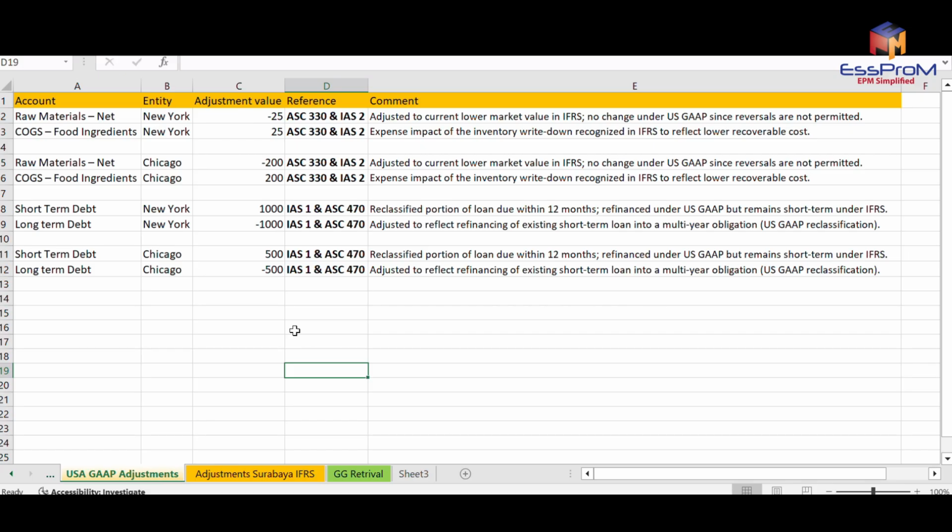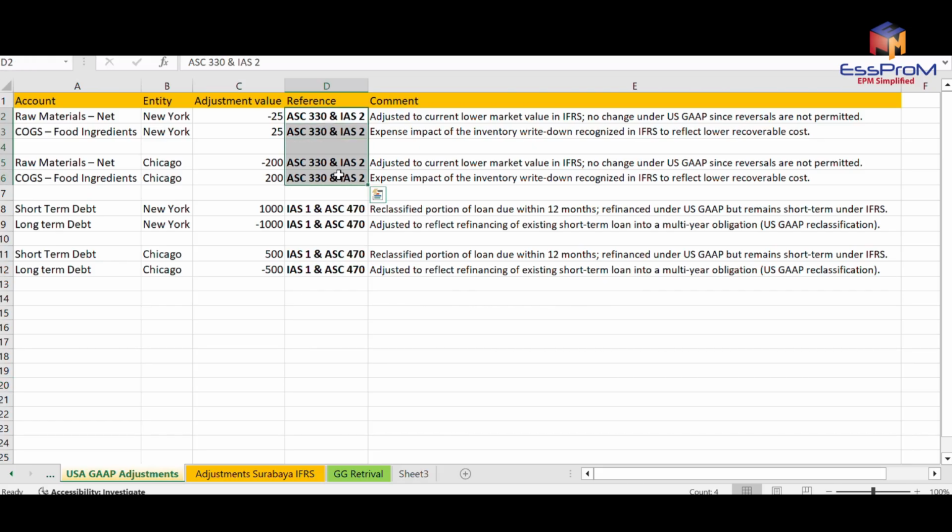Now let's see the adjustment for USA GAAP to IFRS GAAP. If the entity is manufacturing the product, and bought the raw materials and estimated the revenue of the product, but suddenly, the market value of the raw materials and final product fell before the sale of the product. The USA GAAP doesn't care about it.